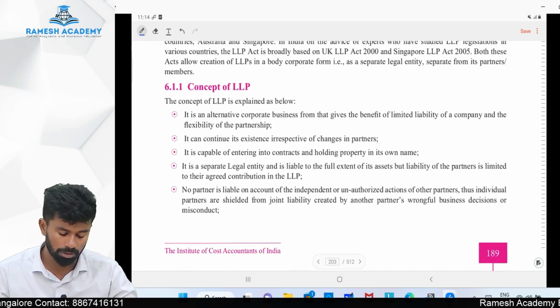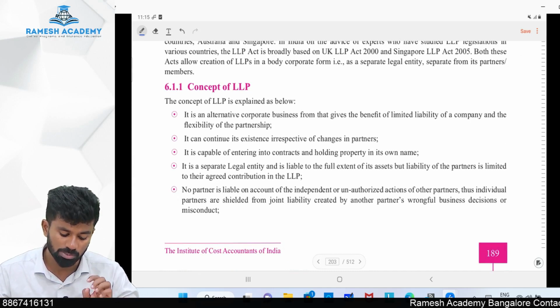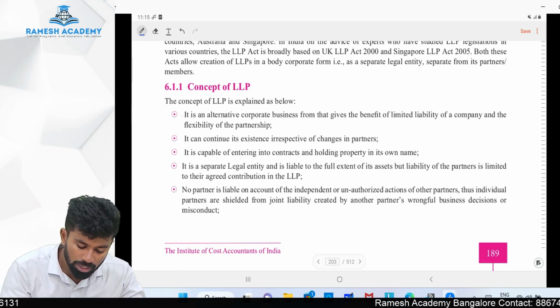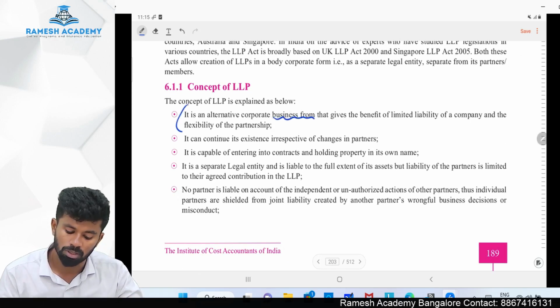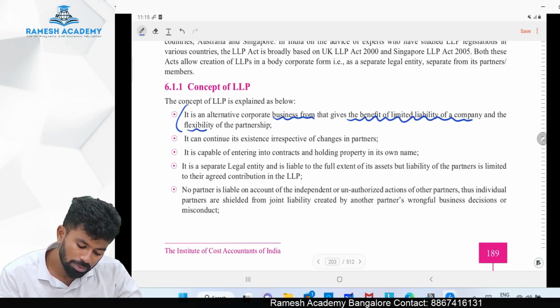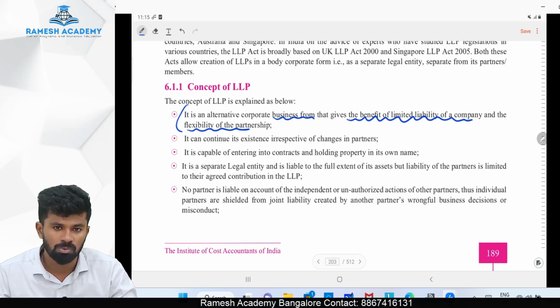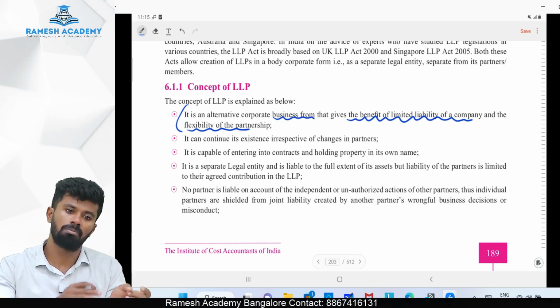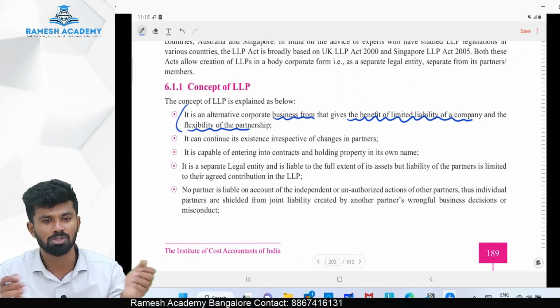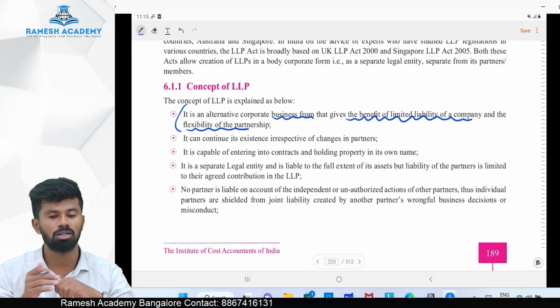Concept of LLP. The concept of LLP is explained as below. It is an alternative corporate business form that gives the benefit of limited liability of the company and flexibility of partnership. It comes with an advantage of both company as well as partnership. Sir, how sir? Company has limited liability, partnership has what?